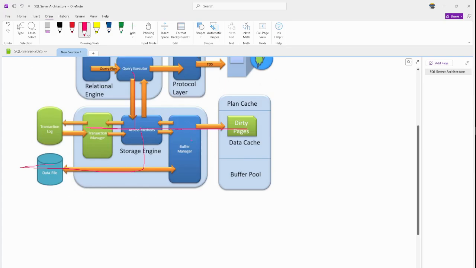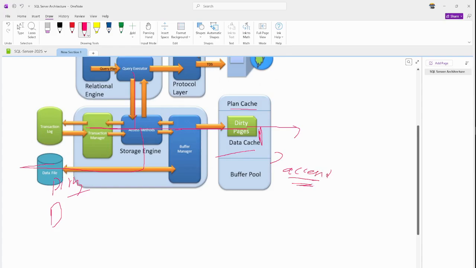And then it uses the data cache here. Data cache means it will include the plan cache and dirty pages, to improve the performance by keeping frequently accessed pages in memory. So dirty pages here is not really dirty. Dirty pages means those which are accessed often.